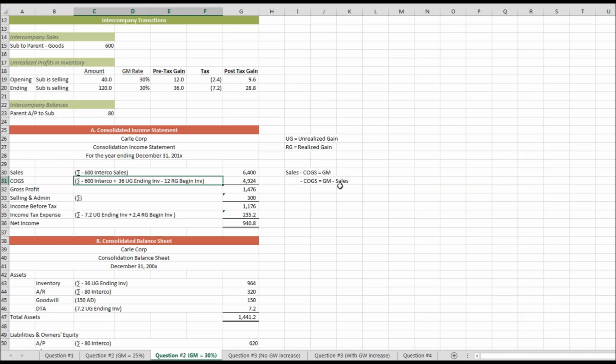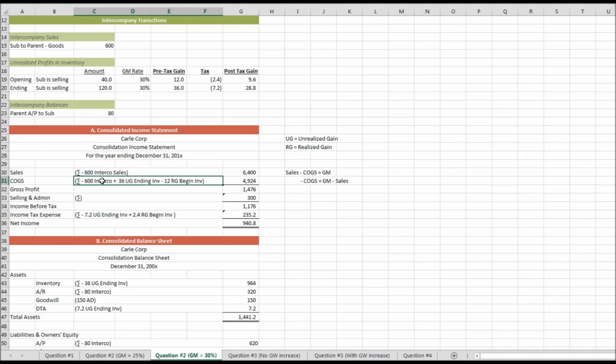And we're doing this because the sub is selling them at cost to the parent. So we're figuring out the amount at cost, and then we're consolidating that. Then we get our gross profit, and over here we simply add together the parents and the subs values from the income statements provided. And then now we got to figure out what's going on in income tax expense.